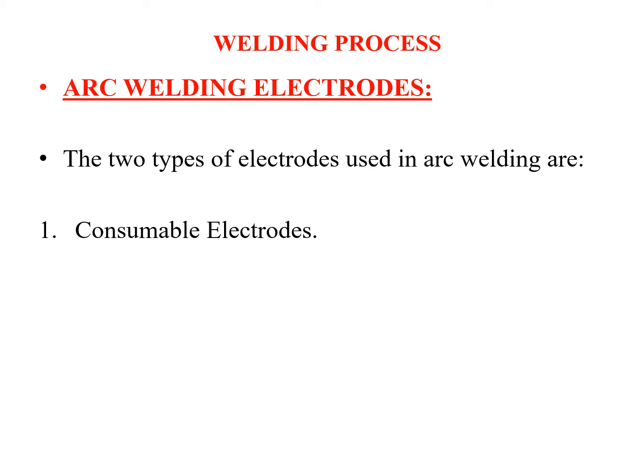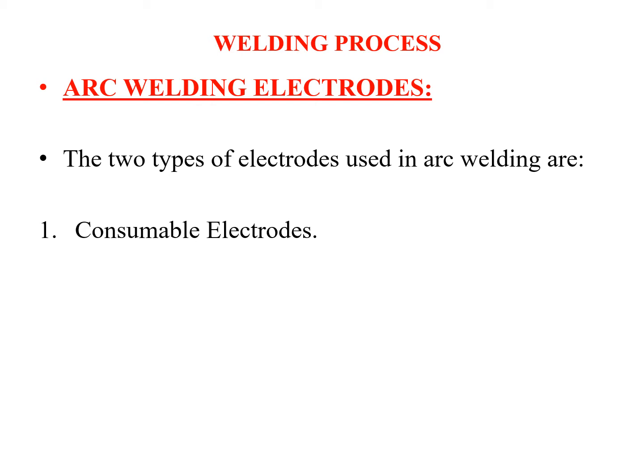As you have studied, when we use an electrode the molten metal is in the form of a pool, and if it comes in contact with atmospheric air, it reacts with the oxygen and oxides are formed, which usually reduce the strength of the joint or of the material.